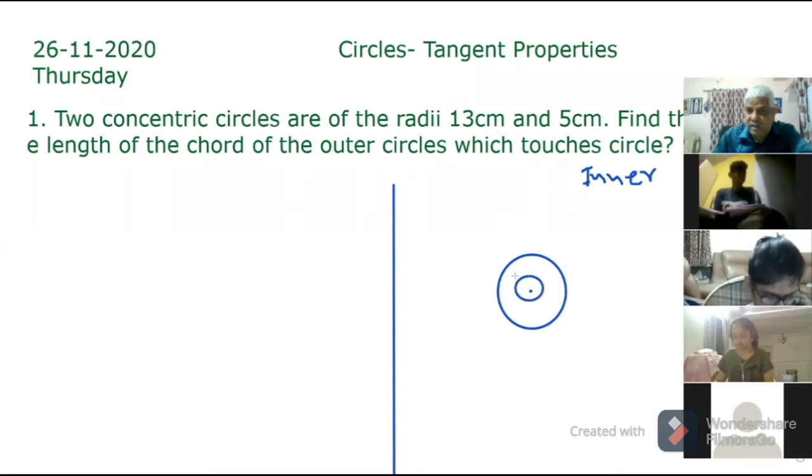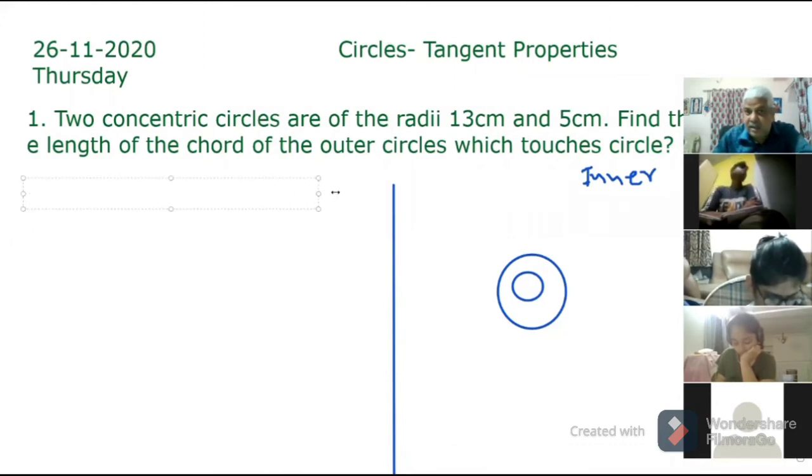Okay, like this, the circles we are calling concentric circles. Centers are the same, but the radii are different. So remember the definition of concentric.